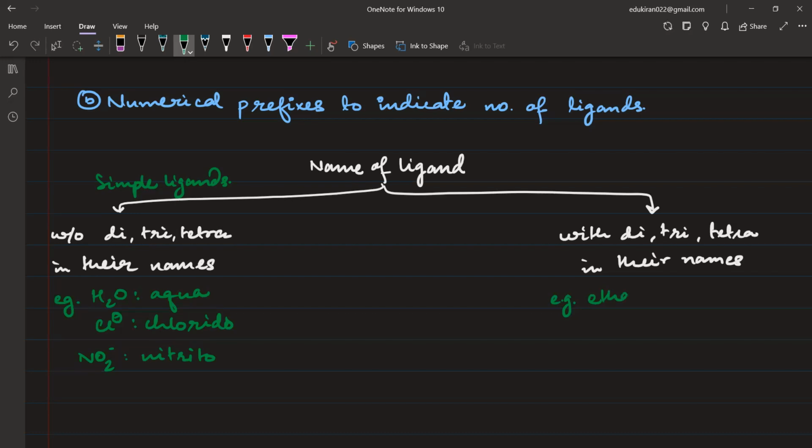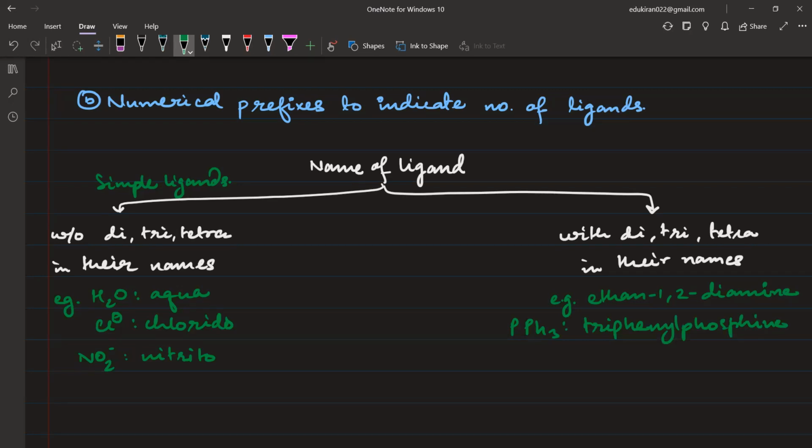This is one ligand, na? Ethane 1,2-diamine. This is the name of one of the ligands. Then you have PPh3. This is triphenylphosphine. देखिए ट्राई आ गया यहाँ पे, है ना? नेम में ही क्या है आपके पास? डाई, ट्राई, टेट्रा. Triphenylphosphine.